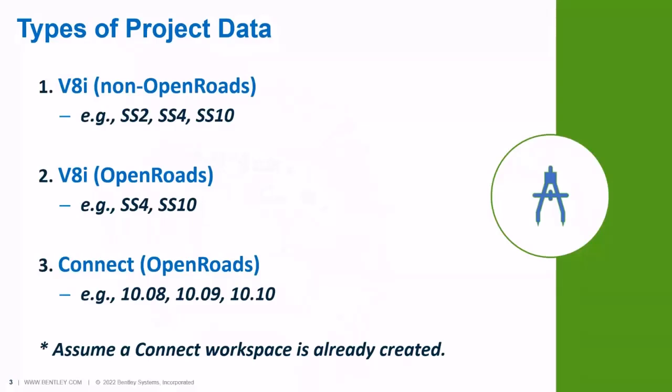These are the 3 areas we're going to look at. I'm going to focus today specifically on moving project data, and I'm going to assume that a Connect workspace is already created.